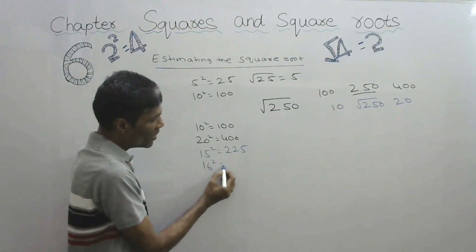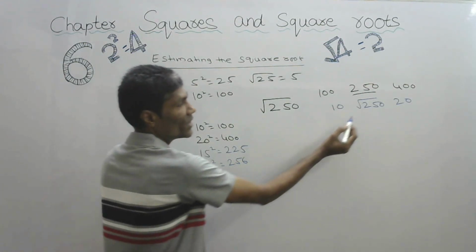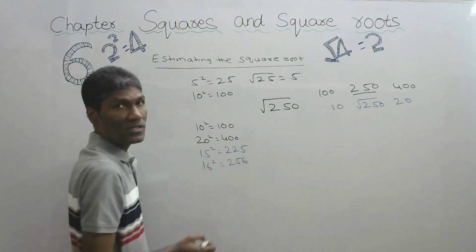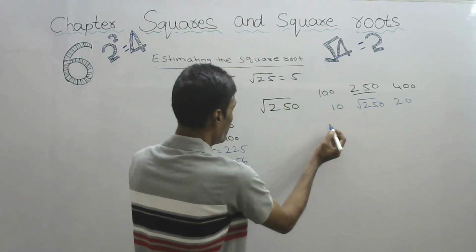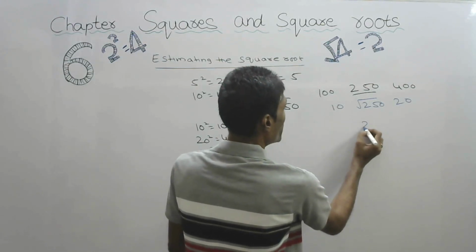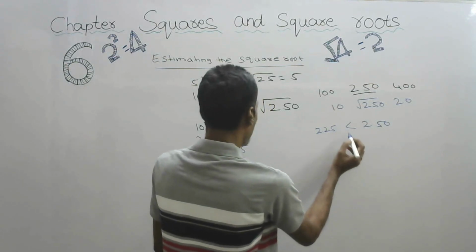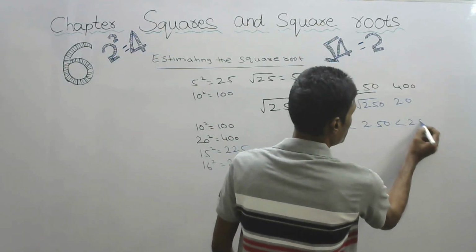16 square equals, we know, 256. So this number is in between these two numbers. So we can say this 250 is in between 225 and 256.